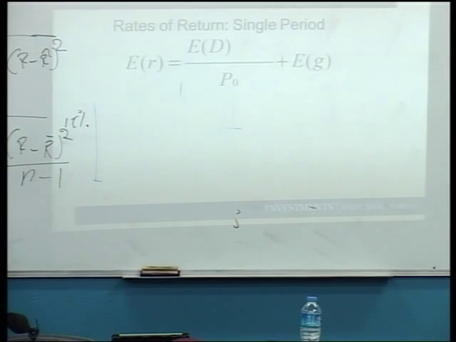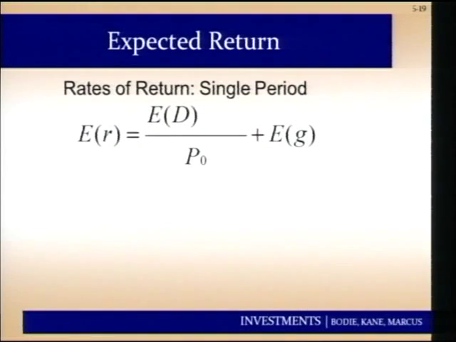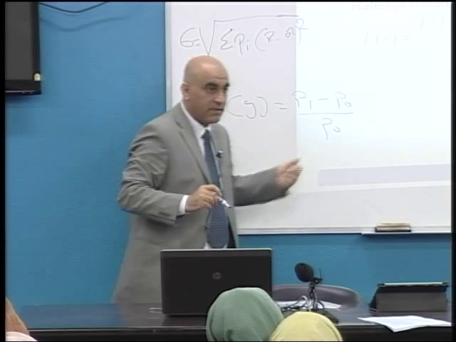Okay, so the expected rate of return is equal to the expected dividends divided by the initial price plus the expected growth. The expected growth in this equation is equal to P1 minus P naught divided by P naught.